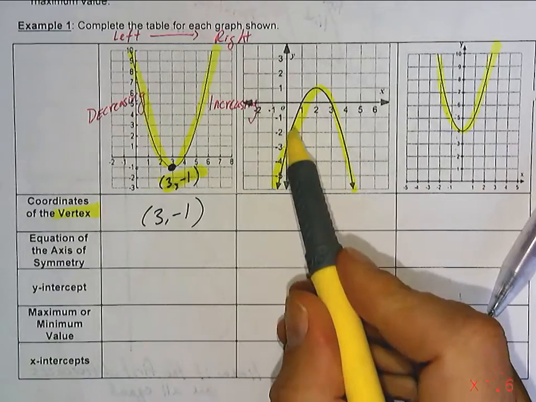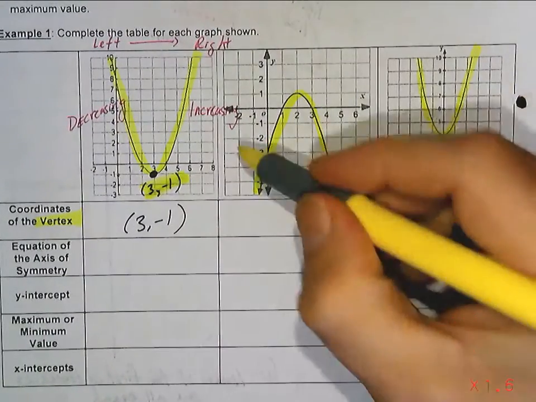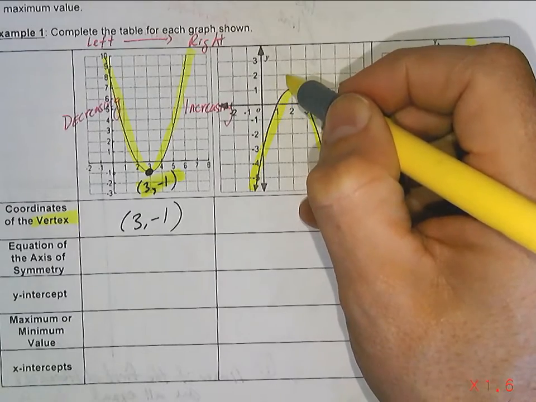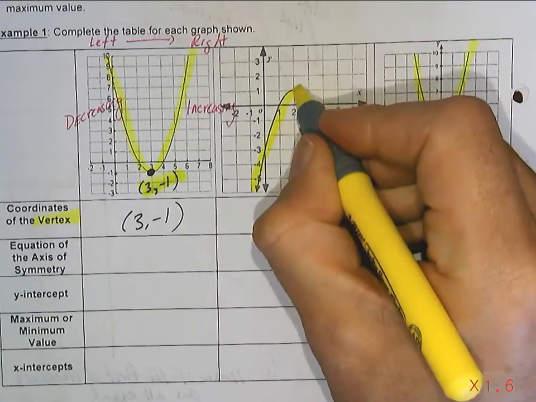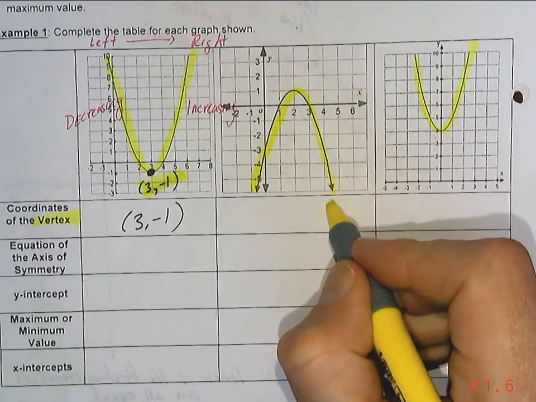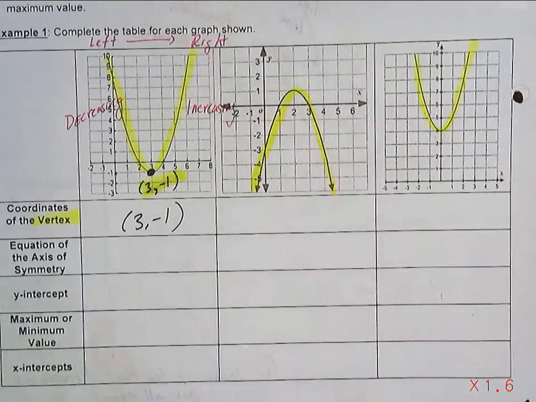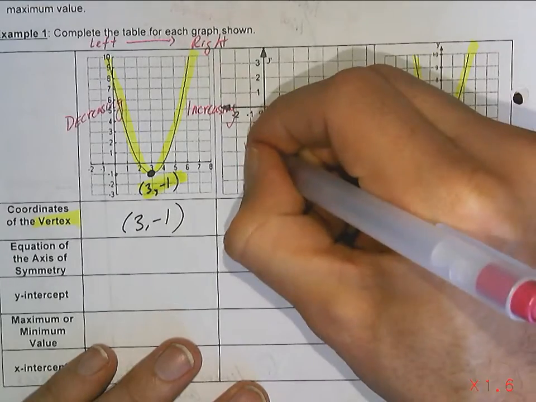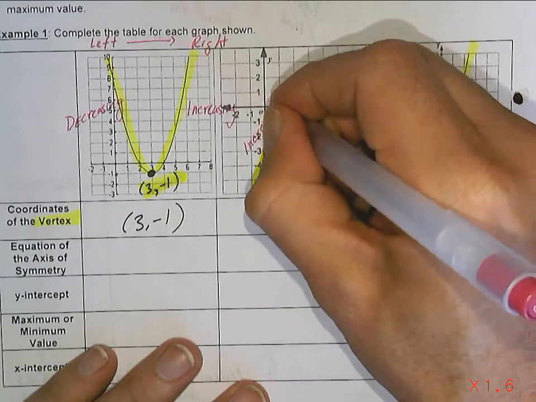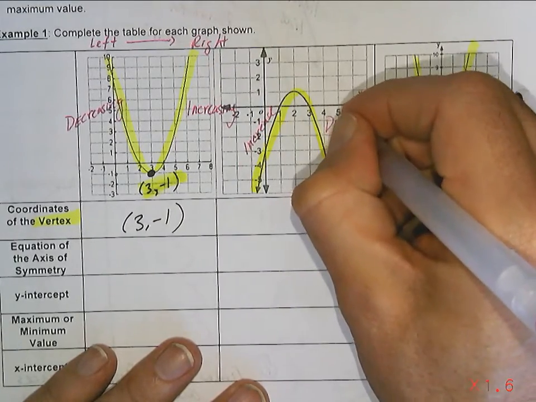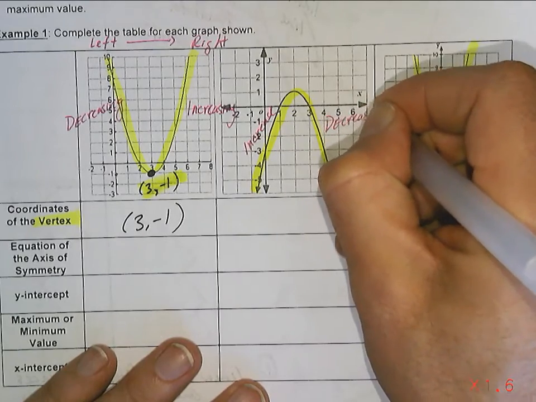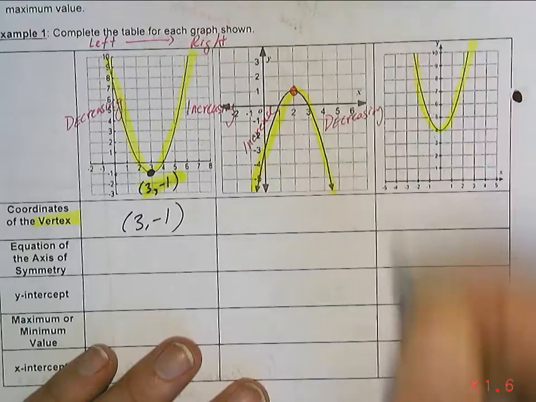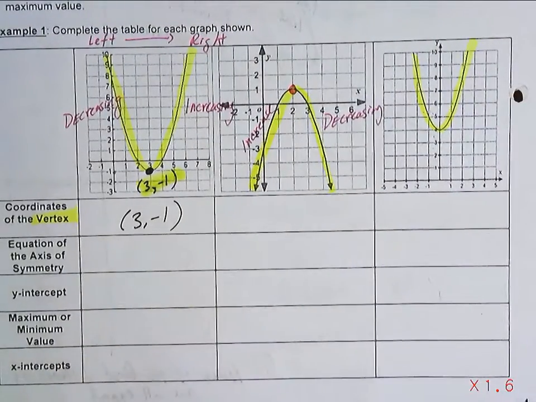All right, look at this graph. I'm coming up, up, up. I stop, and then I come down, down, down. So what's happening? I'm increasing on this side, aren't I? This is increasing. And then I'm decreasing on this side. And right in the middle is a spot where I change direction.